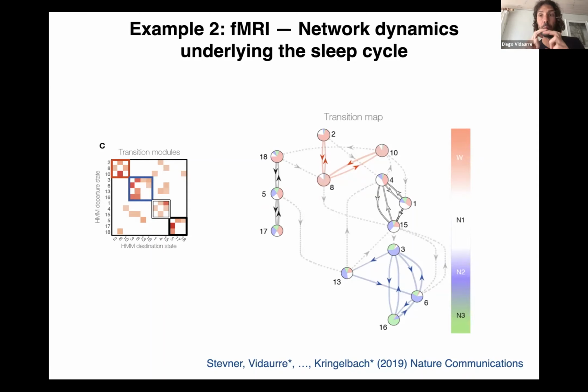And as in the other work, these models of networks corresponded to the original sleep stages, but we now know the dynamics within each of these modules. That was an additional layer of information on top of the well-known traditional view of sleep. So we were able to infer a few things about the nature of sleep using this model. So that was another example.